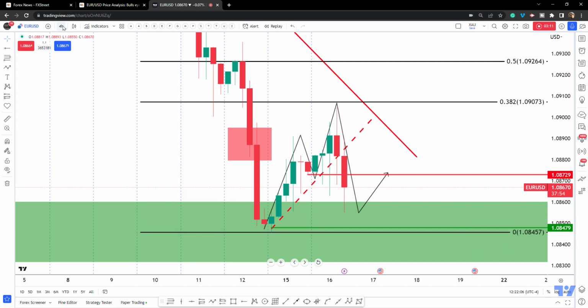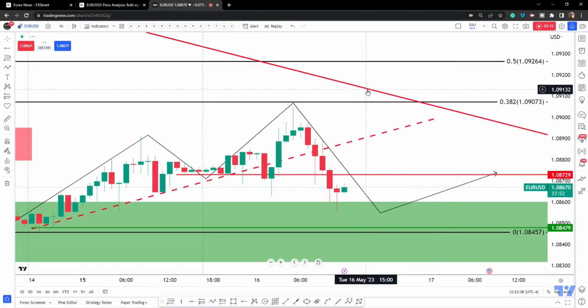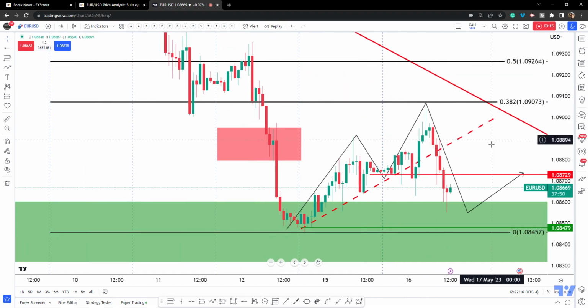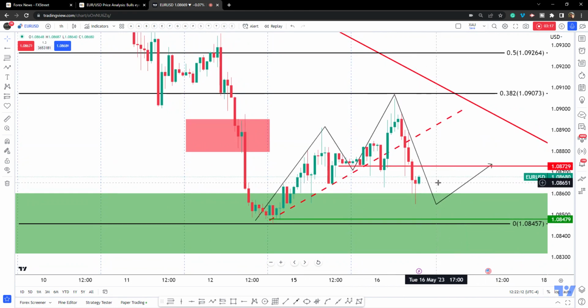If we move into the hourly chart, what can we see? We have the price rebounding from the support area.